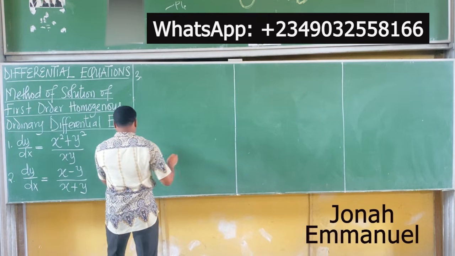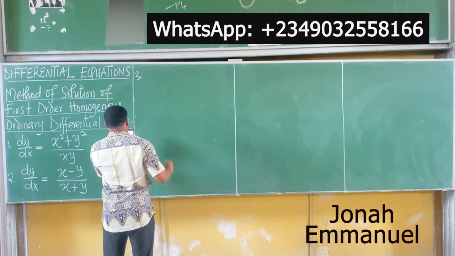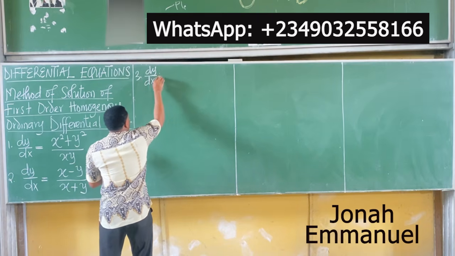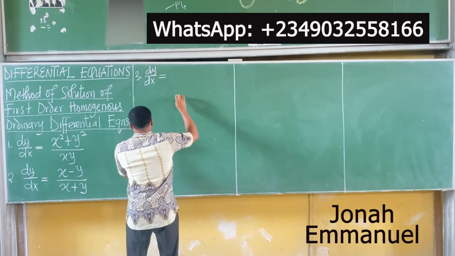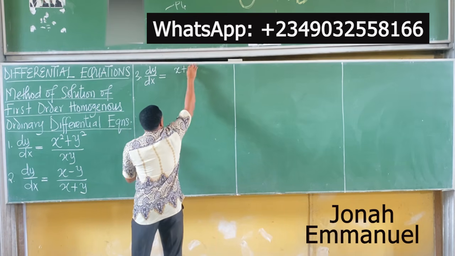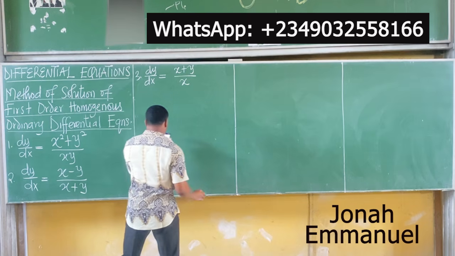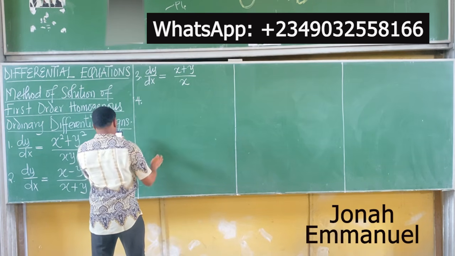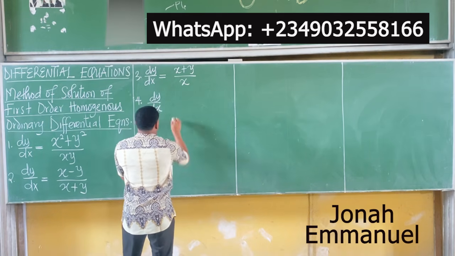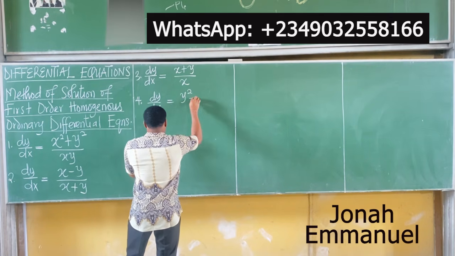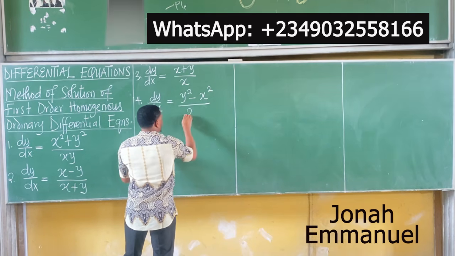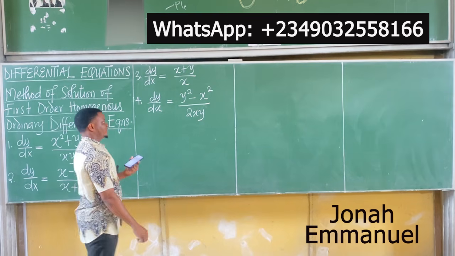Number three, dy/dx is equal to x plus y over x. Number four, dy/dx equal to y squared minus x squared all over 2xy.